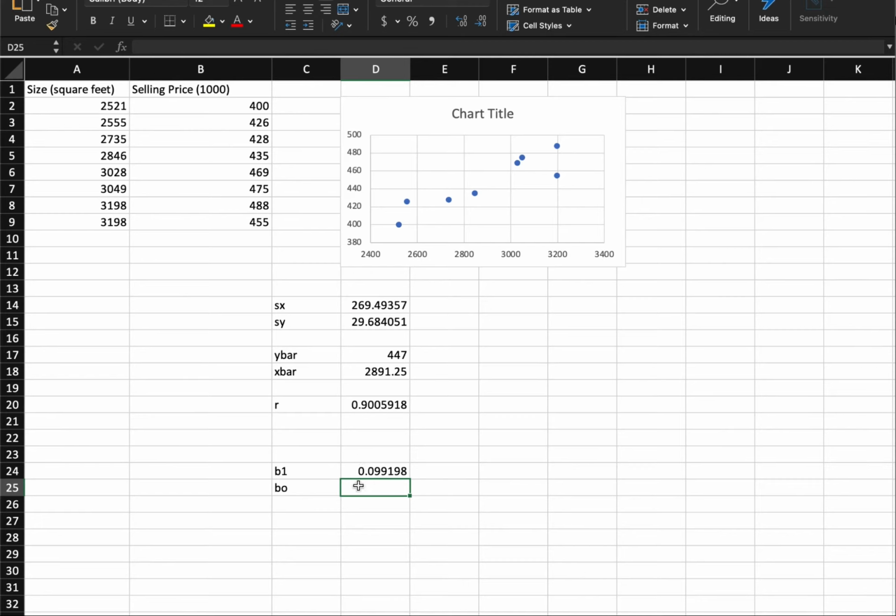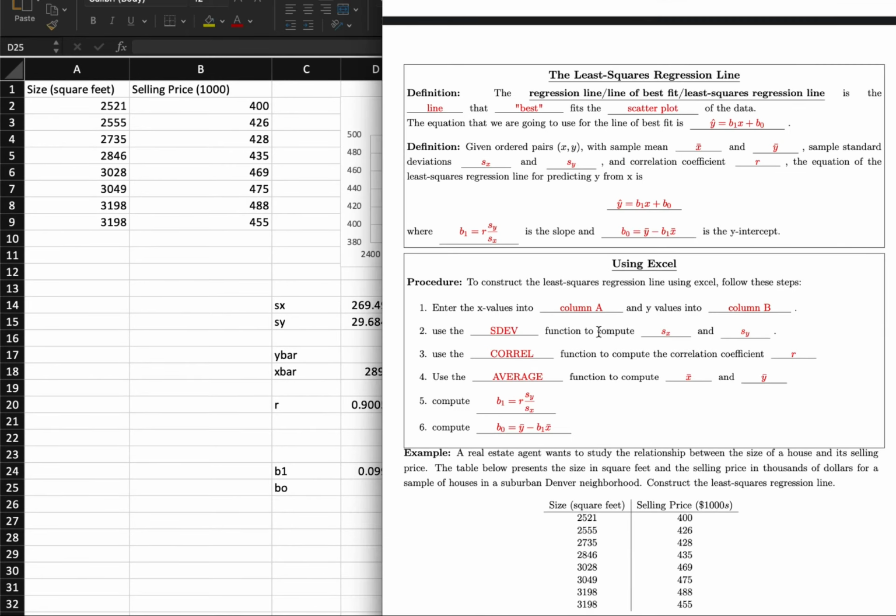This is our slope. So our y-intercept, B0, if you look back at our notes, B0 is just Y bar minus B1 times X bar.